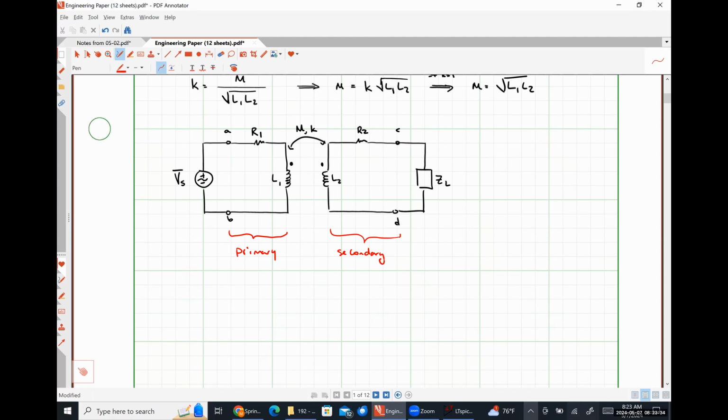And there's really nothing physical about the system that is preventing the primary from acting as the secondary or vice versa. It is literally typically whichever side is connected to the source you consider to be the primary, whichever side is connected to the load you take as the secondary.